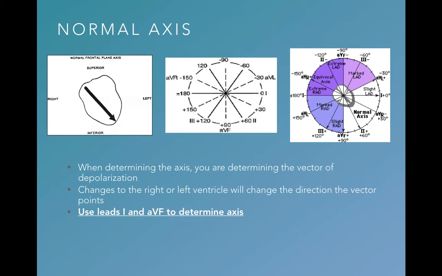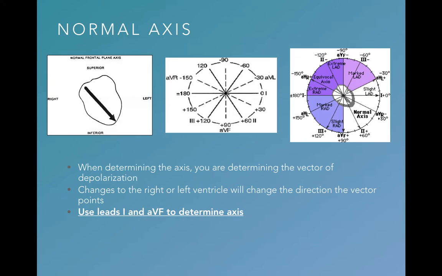And if you look at the picture furthest on the right, you'll see that that's where the normal axis is. So anytime this vector is shifted to a degree that's not generally between around 0 to positive 90, there's going to be a shift in the axis, and that'll be known as either right axis deviation, left axis deviation, or you can have extreme left or right axis deviation.